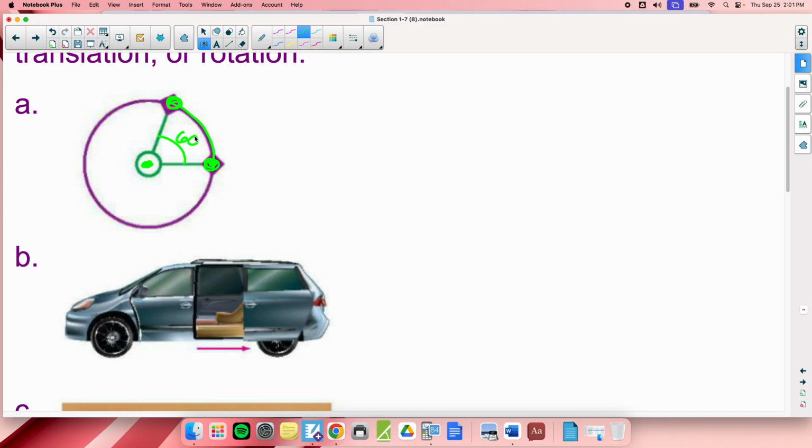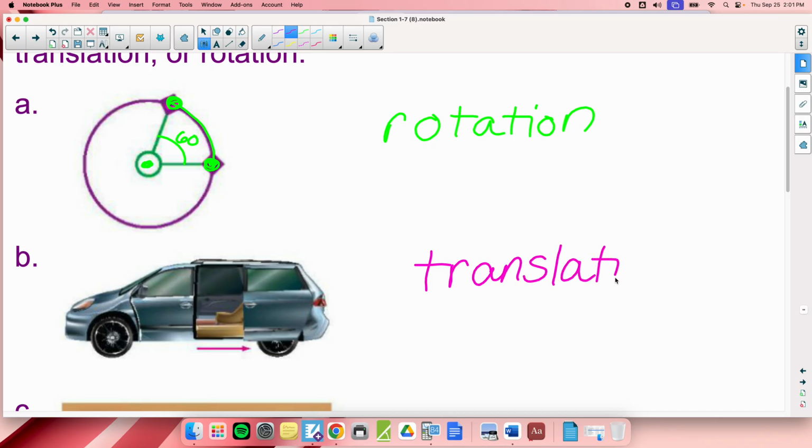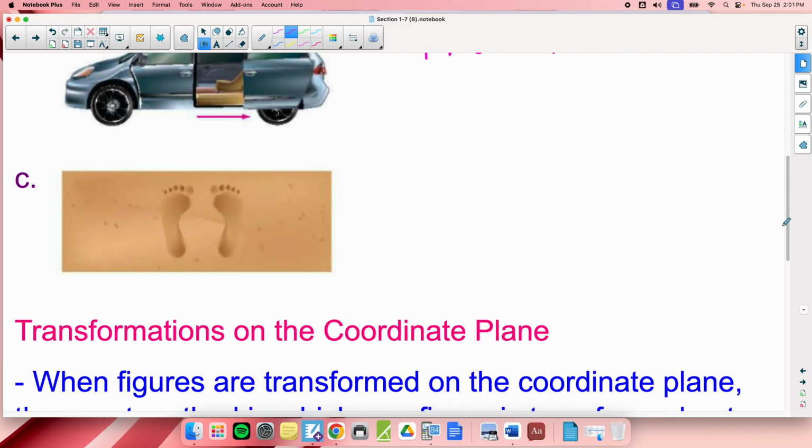So this one is a rotation. What about a van sliding door? Translation, very good. It's just kind of sliding it. We're gonna actually do some too. So, what do you guys think about footprints? Reflection, very good.